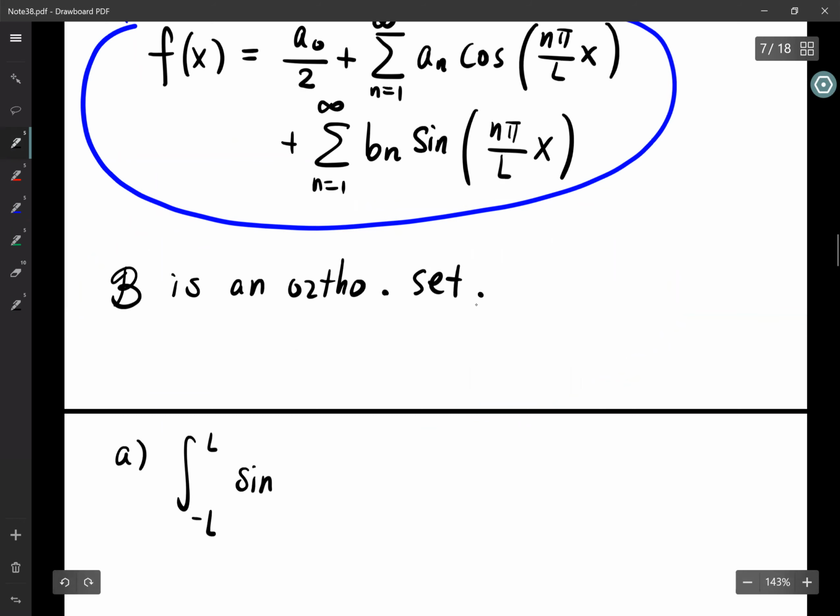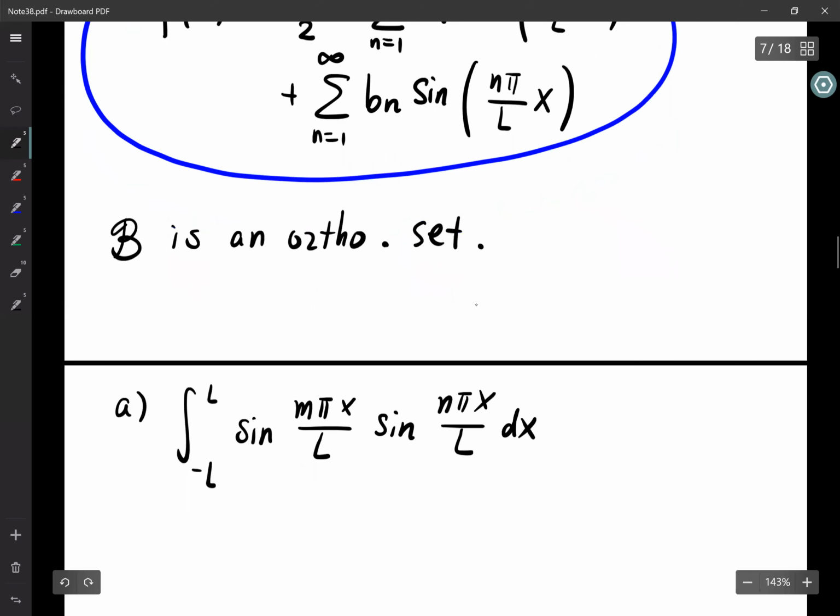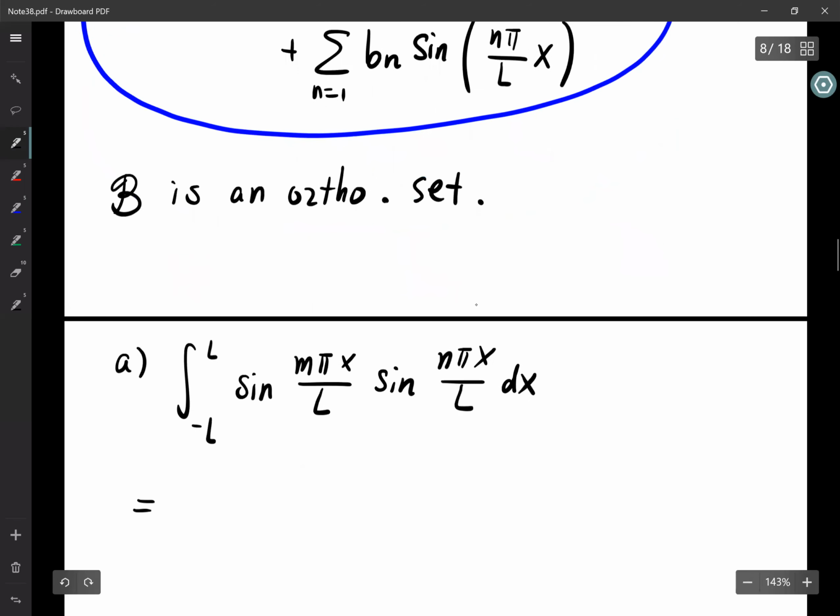This is the integral of sine m pi x divided by L times sine n pi x divided by L dx. So this is an odd function times an odd function, so it's a factor of 2. I can just convert that to an integral from 0 to L.